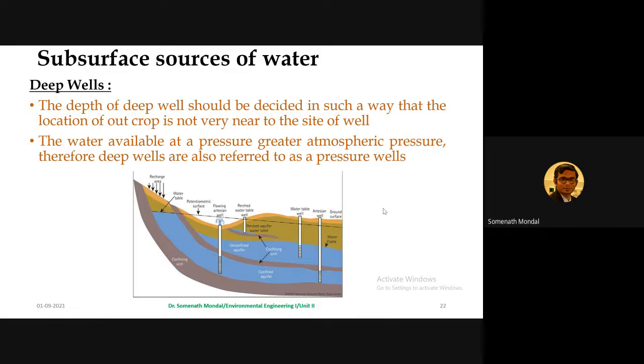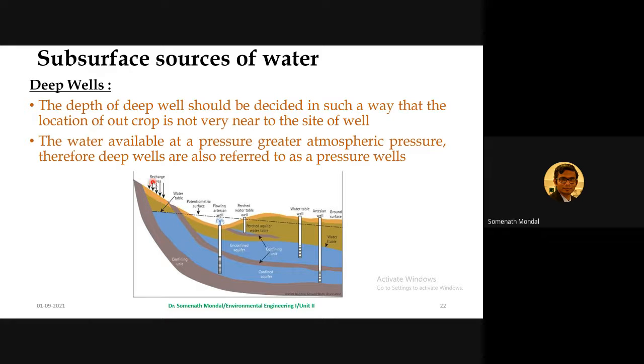Now you can see here that we have this water table, and this is the impermeable part. Just let me put it in laser mode. This is one impervious layer, this is another impervious layer, and this is another impervious layer. So this is the unconfined aquifer, and this is the confined aquifer, and this part can be considered as the outcrop.